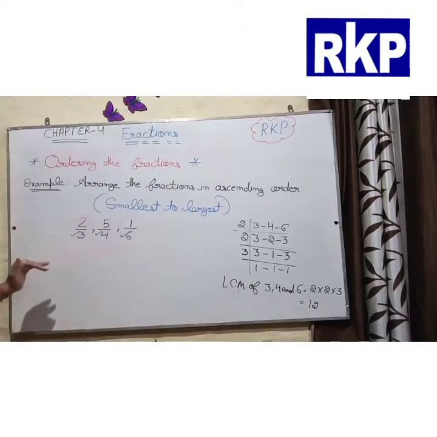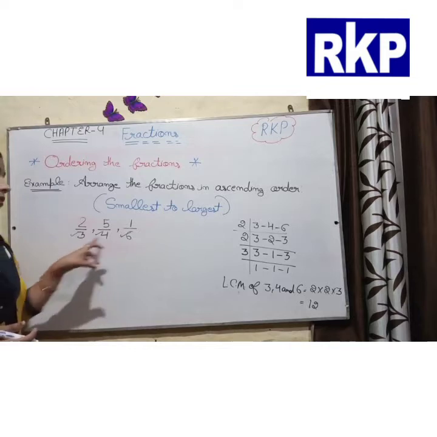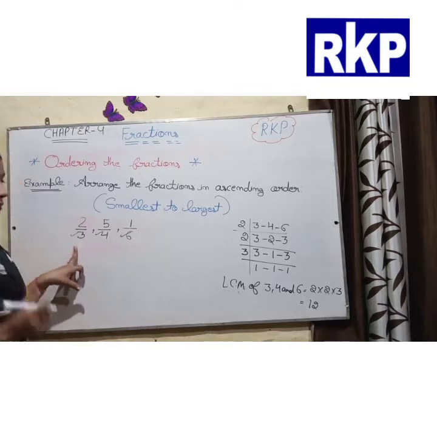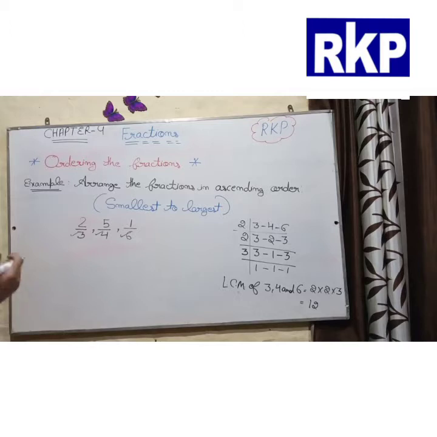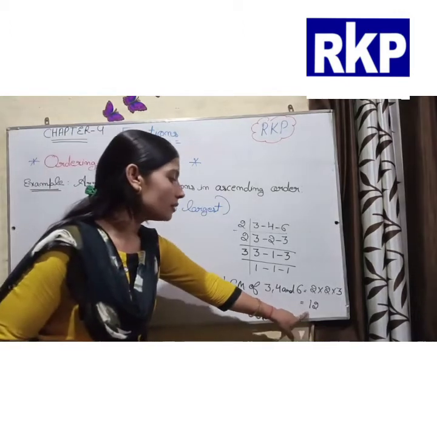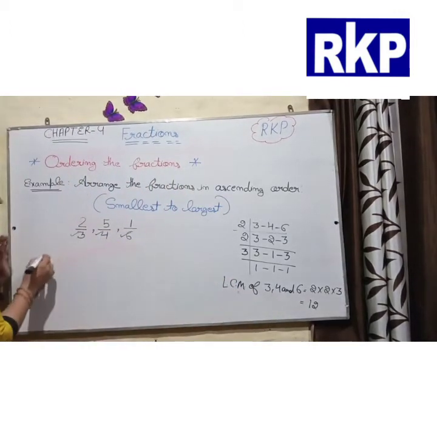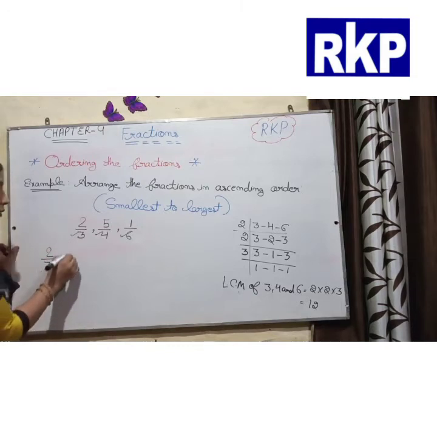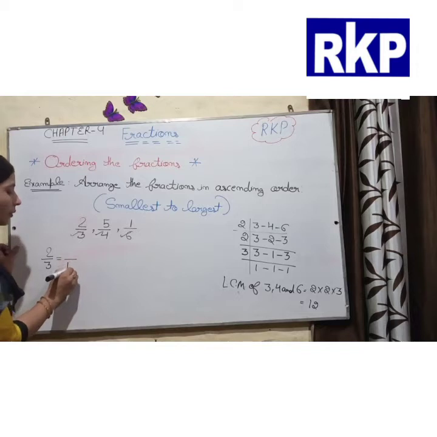Now we need to convert these fractions into like fractions. But how? We need to convert these fractions into equivalent fractions, equivalent fractions with denominator 12. So let us start. We have 2 by 3 as a first fraction. So write here 2 by 3 is equal to something by 12.